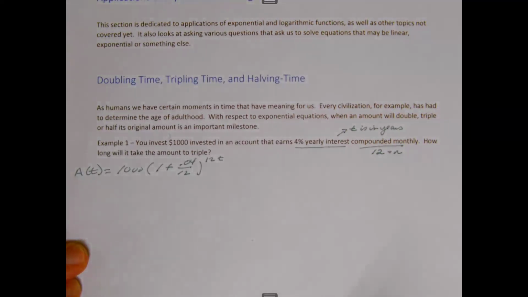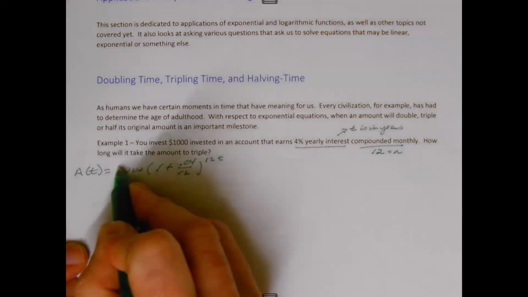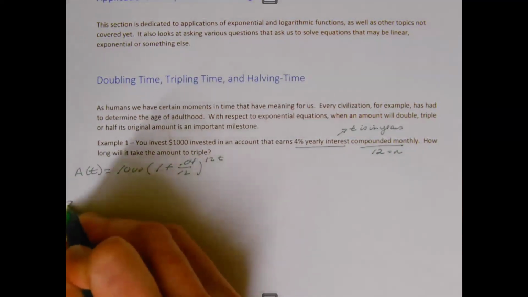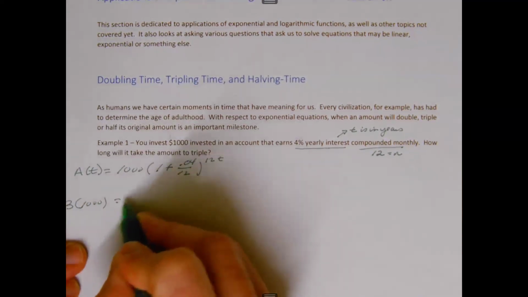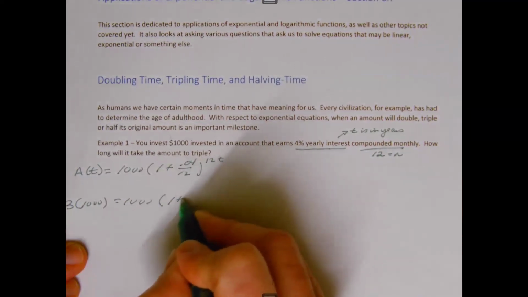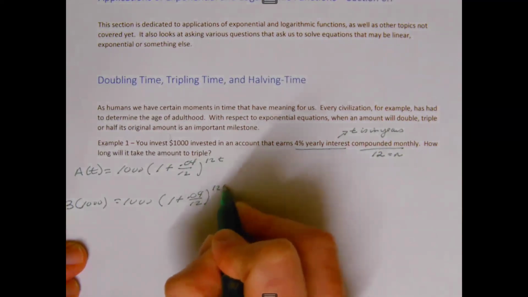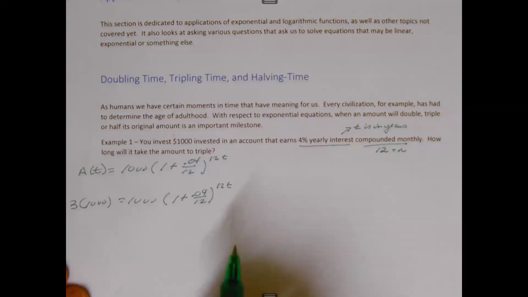Now this says how long will it take the amount to triple. So here's the amount I originally invested. Now I want this amount to be 3 times that much. So I'm going to write exactly that, 3 times 1,000. Okay, now I'm ready to solve for t.